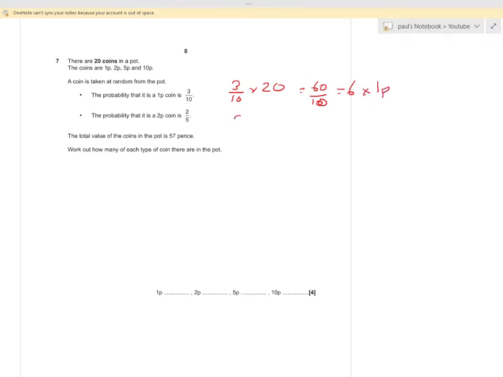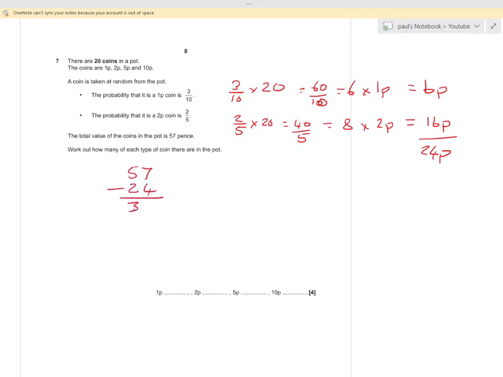This one, 2/5 times 20, which is 40 over 5, which is 8 times 2p. Now, 6 times 1p equals 6p. 8 times 2p equals 16p, so together they are 24p. Total value of the coins is 57, so if we do 57 take away 24, we've got 33 pence left.